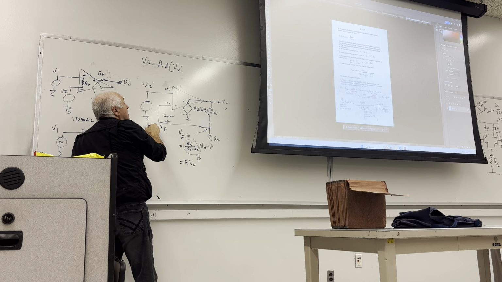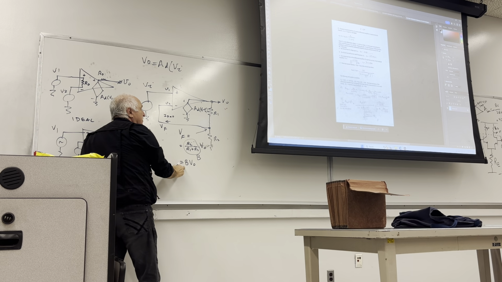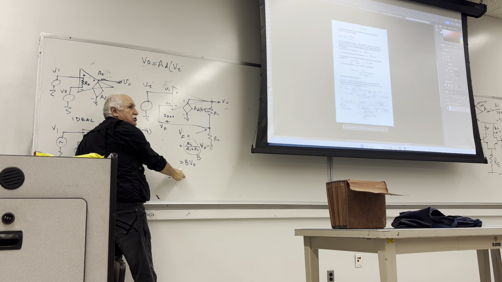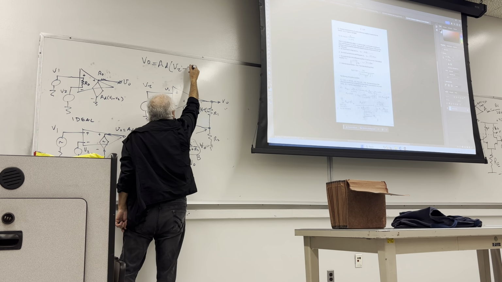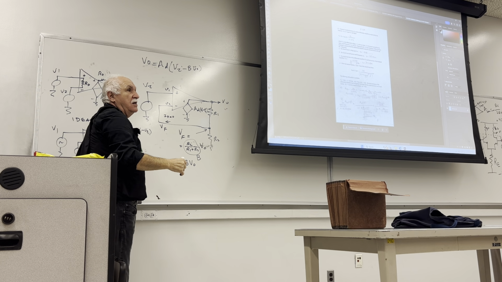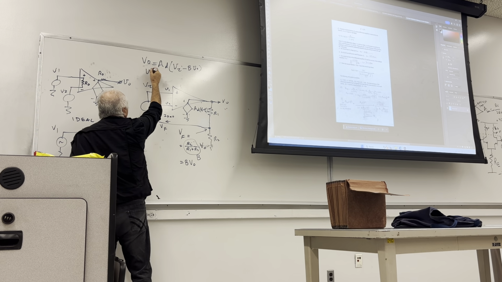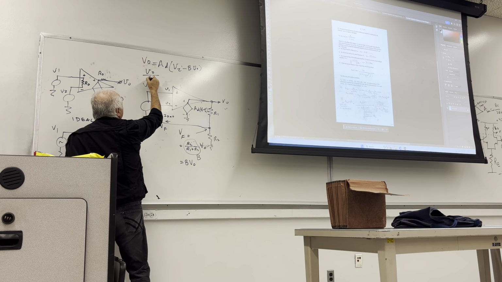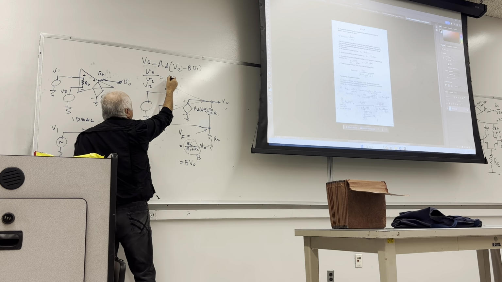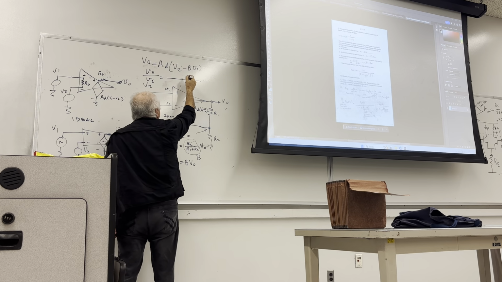But this voltage, the second one, V2, is derived from output by a ratio. Minus B times VO. Then they'll tell you, go use algebra to calculate what is VO over VI. And this will be the universal formula for feedback systems.